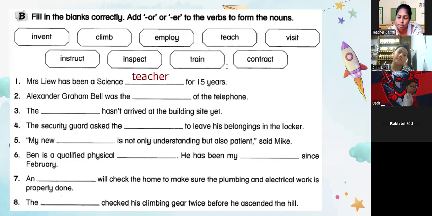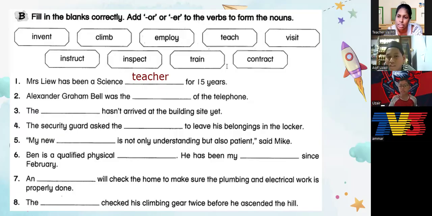Teacher, what is invent? Create something. What? Create something.